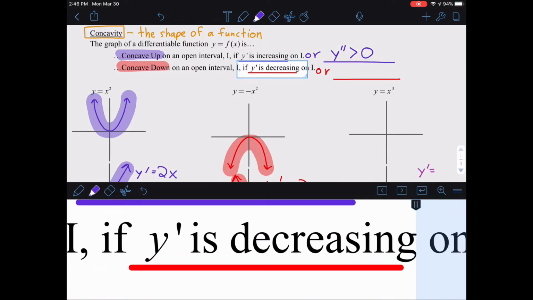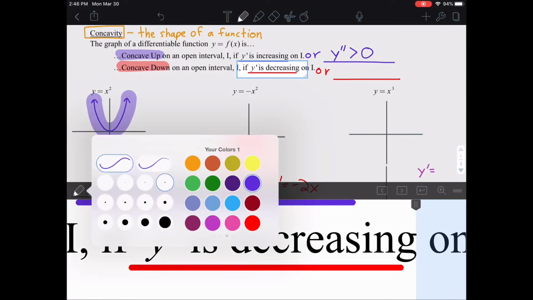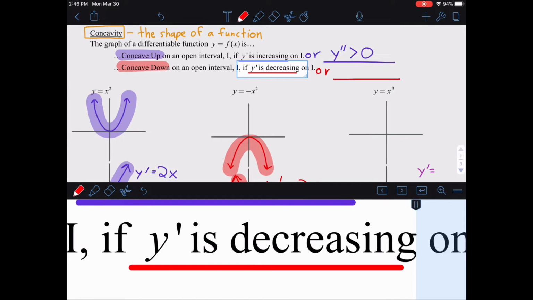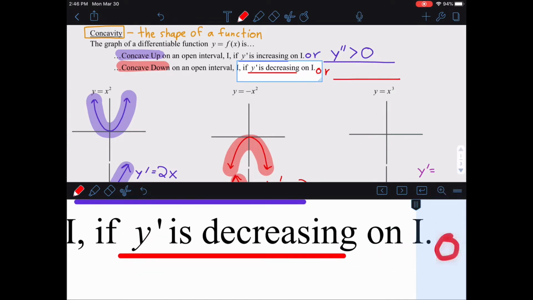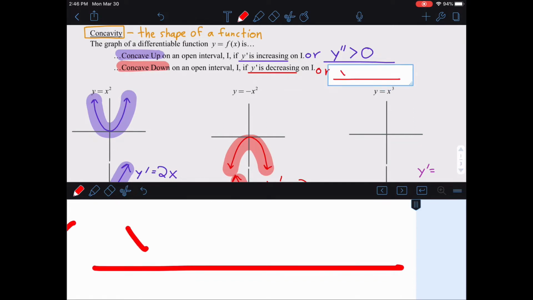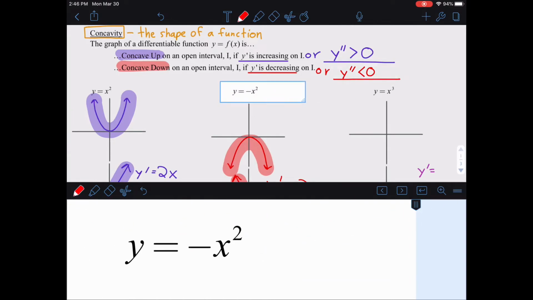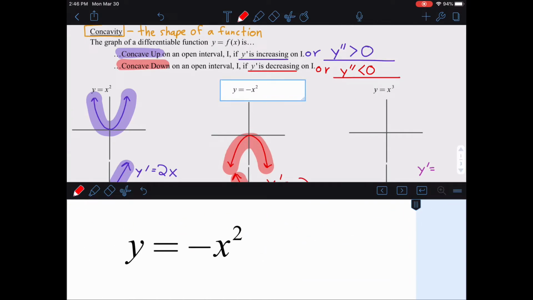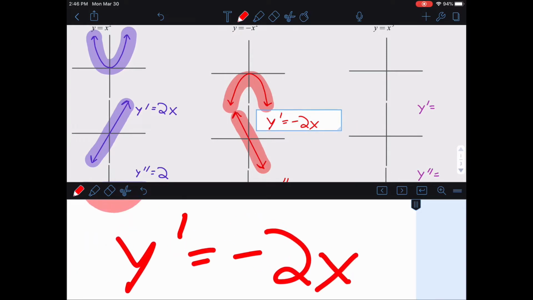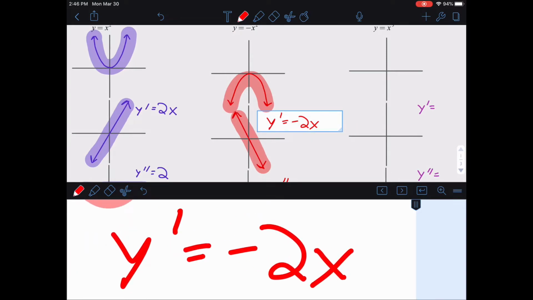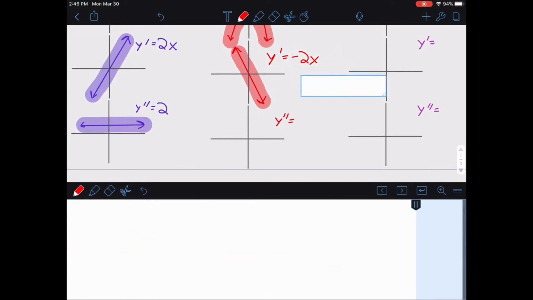So let's apply the same logic to where y prime is decreasing. We can figure out where y prime is decreasing by looking at where its derivative, again y double prime, would be negative. So let's follow along. Y equals negative x squared. Its derivative, we already did. Y prime is negative 2x. What is its derivative?